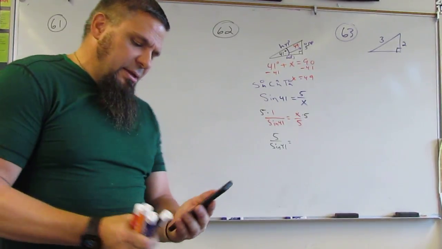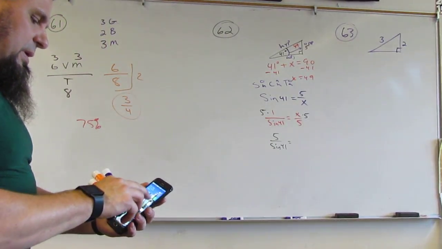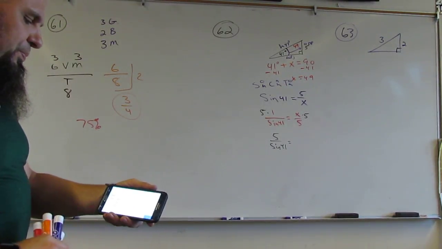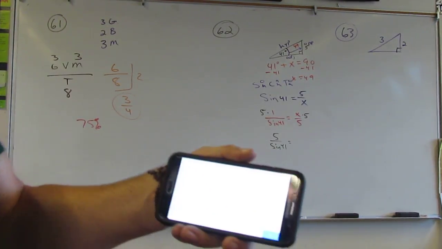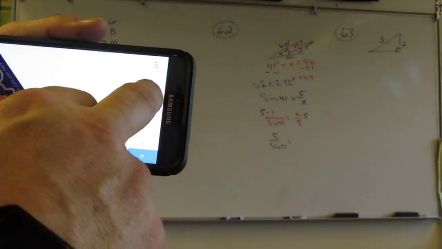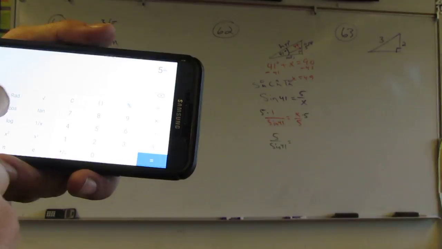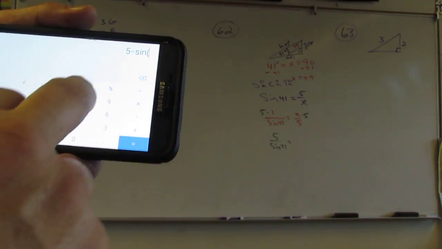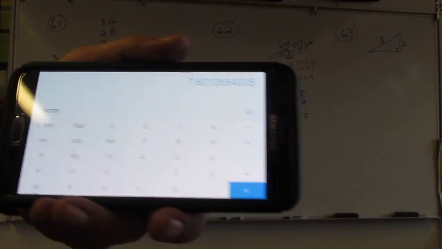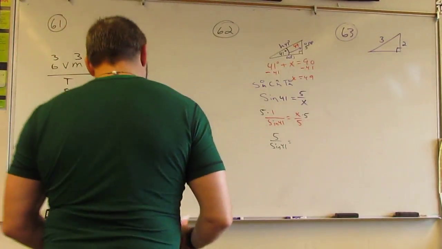Well, trusty dusty calculator out. Let's clear it. So we're going to use 5 divided by sine 41 is 7.6.